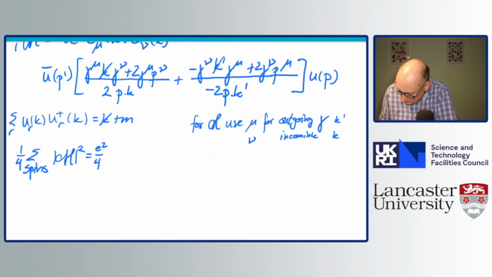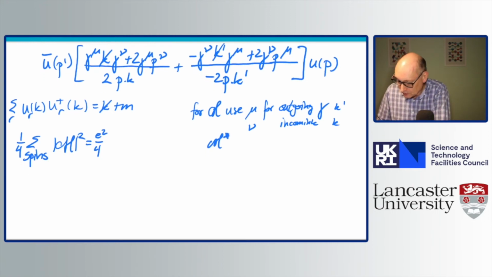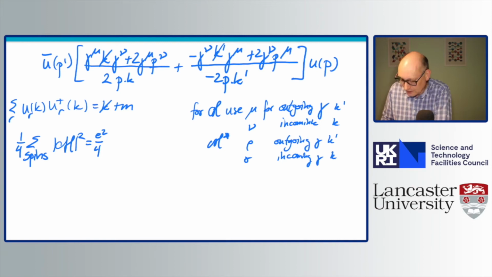Now for M, sorry, not M prime, we want to write explicitly the complex conjugated M, so let's use something else. Let's say that we use rho for the outgoing photon with momentum k prime, and we use sigma for the incoming photon with momentum k.